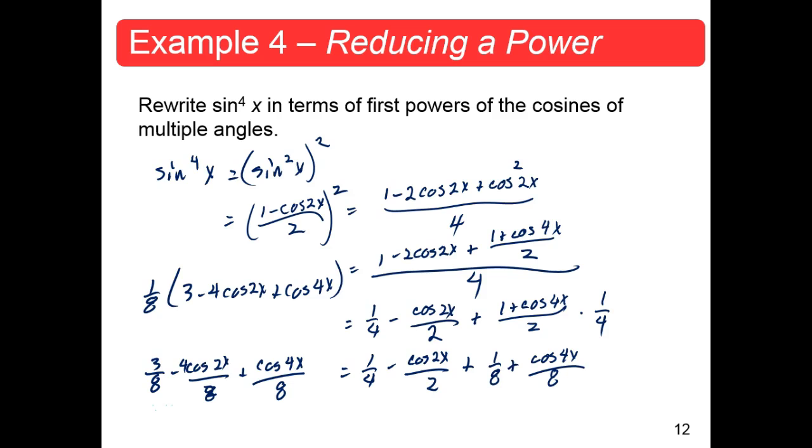And guess what? Those are perfectly legitimate equivalent answers. But if we had been doing WebAssign, they were only going to look for one of them, and they would tell you all day long that was wrong. And it wouldn't have been wrong. It would have been right, but you just didn't know which one they were looking for.